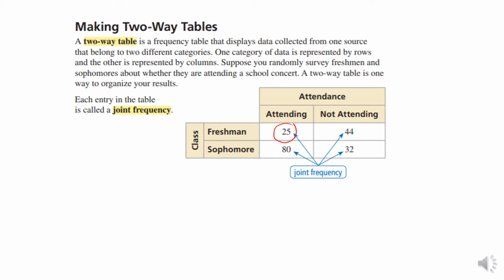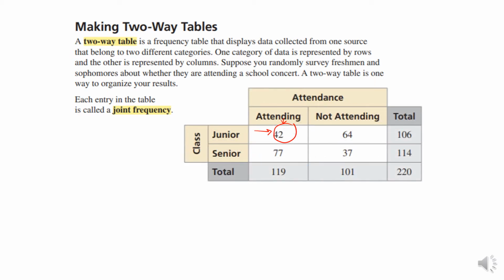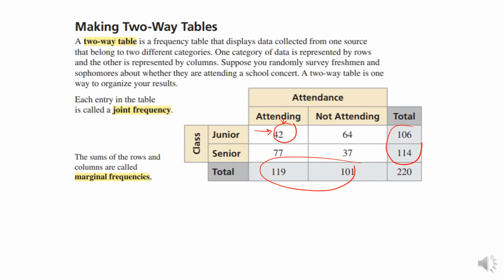It's a joint frequency because it comes from two different pieces of information. Okay? Now, if we put the totals on here, then these are called the marginal frequencies. The totals, the sums of the rows and the columns, are called the marginal frequencies. Okay, so that's really important.